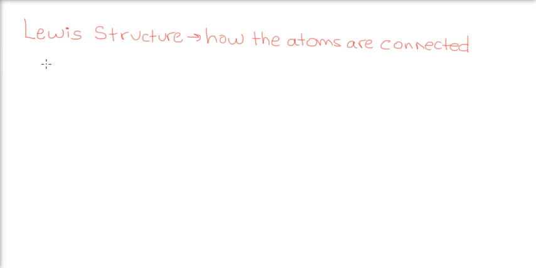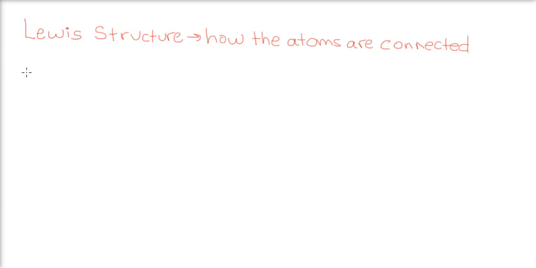And so you don't need to know the entire concept of Lewis structures in order to tackle Lewis structures in organic chemistry, because one, we're only dealing with a handful of elements, and two, these elements always follow the same patterns of connectivity between atoms.